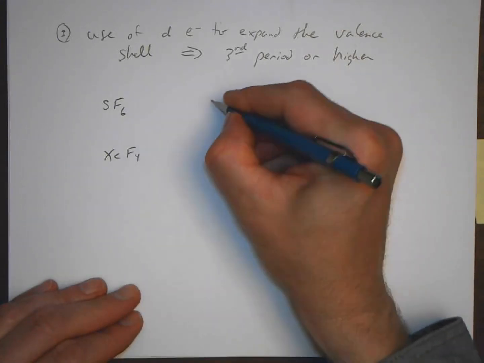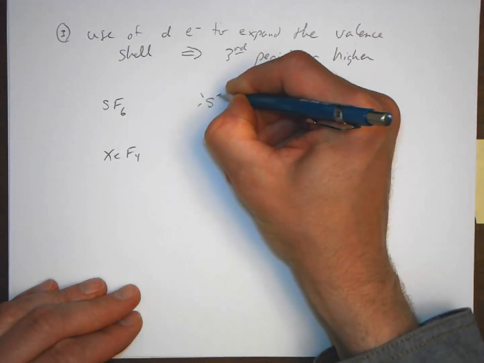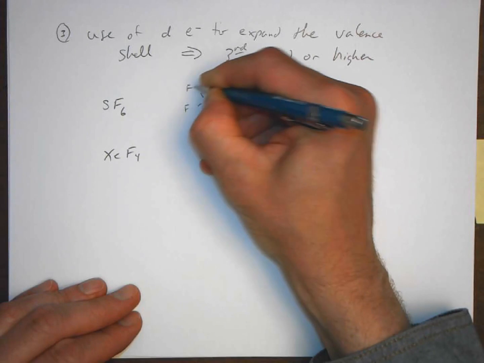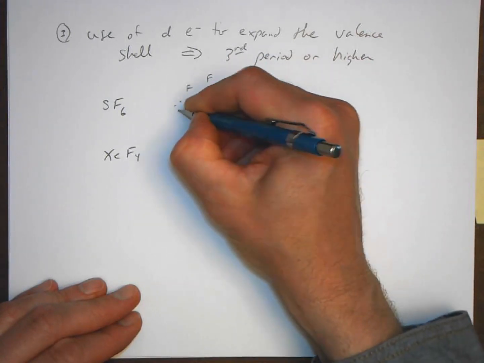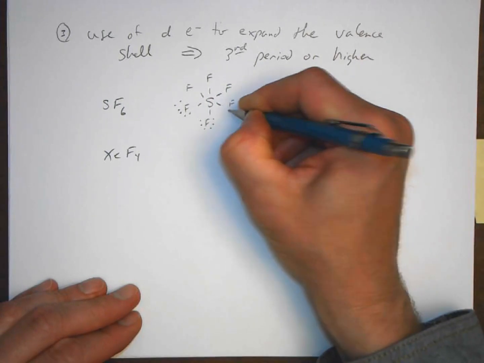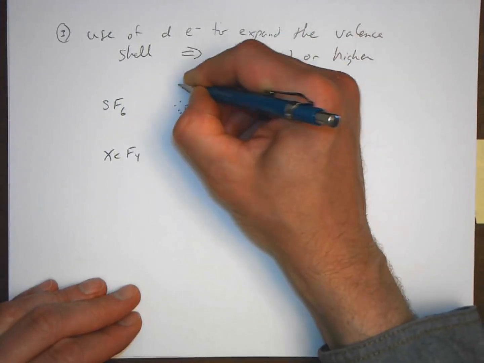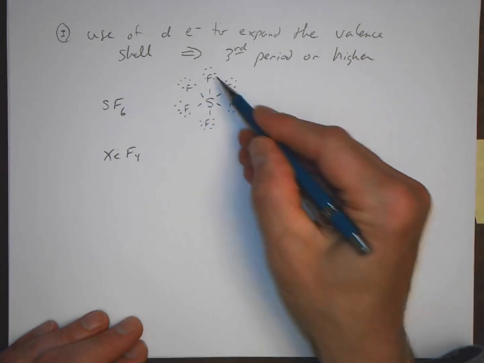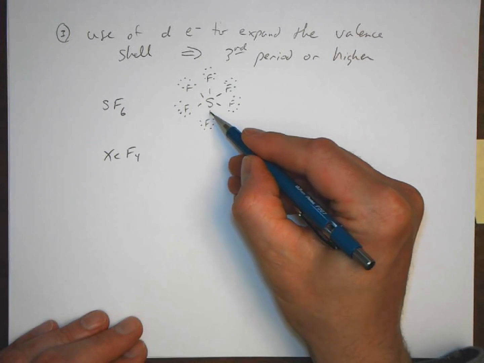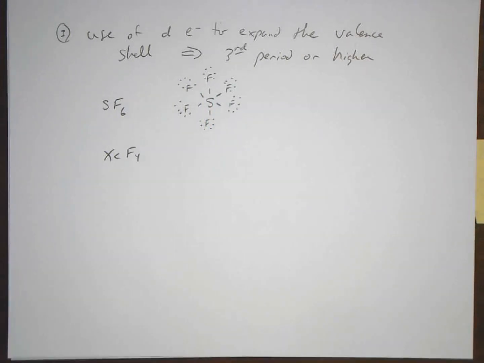When we look at SF6, what we would have is the following as our best Lewis structure, where we have 8 electrons around each of the fluorines, and 1, 2, 3, 4, 5, 6, 7, 8, 9, 10, 11, 12 electrons around the sulfur. You might be saying, well, how does this happen?